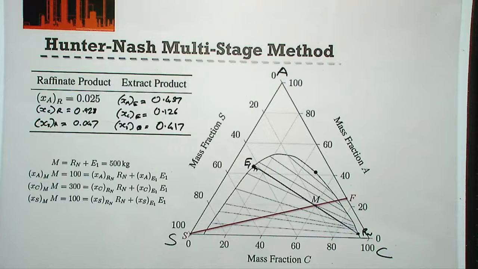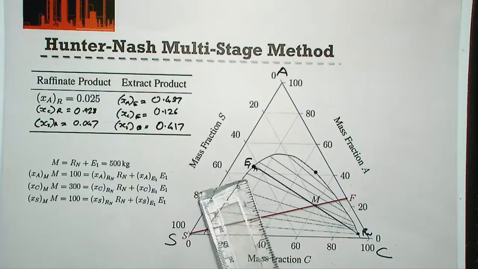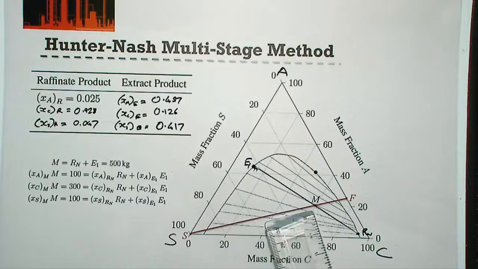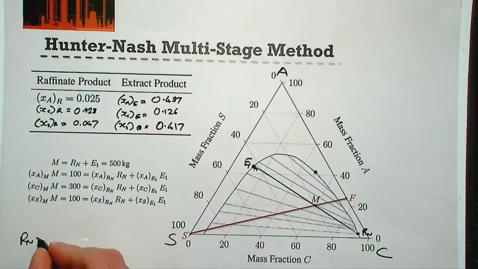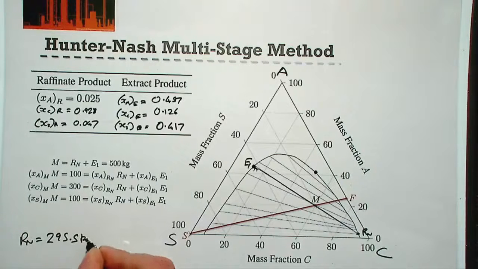So if we wanted to, we could then either carry out a mass balance of our extract and raffinate with those compositions to calculate the total flow rate, or we could use the ratio of the length of the lines from E to M and M to R to use a lever arm rule to calculate those flow rates. Okay? So because we looked at that before, I'm just going to write down the values.